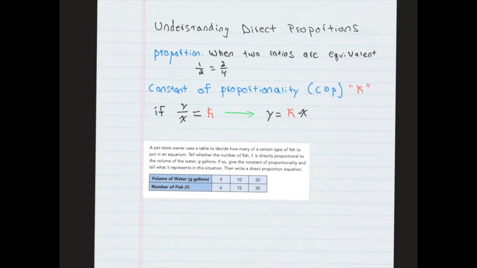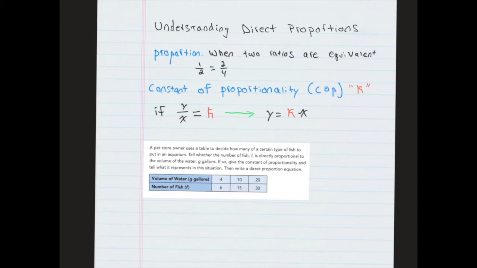Okay, and so we use these a lot of times to graph, which we'll get into the next section, where we have an x and we have a y, and we can find different points about where the situation varies directly.